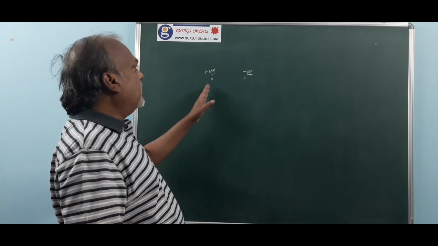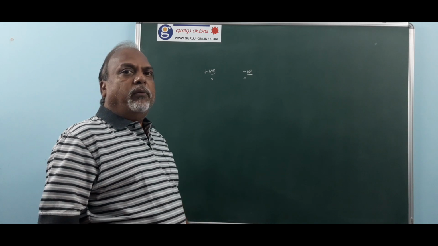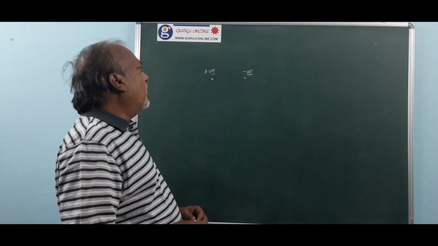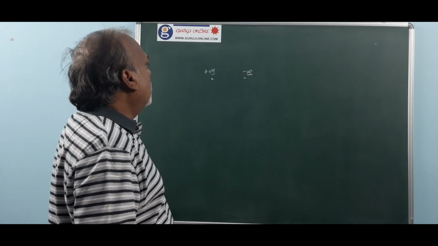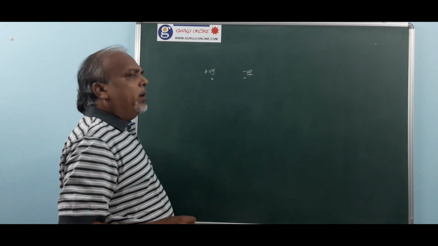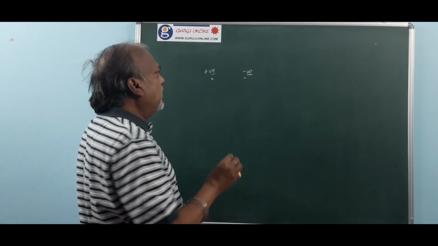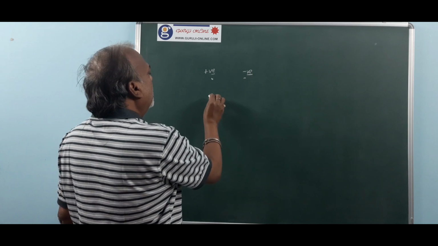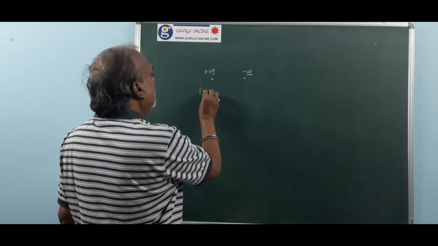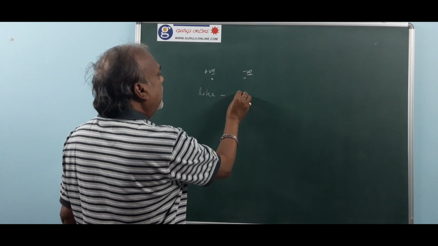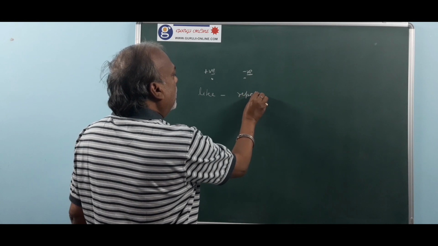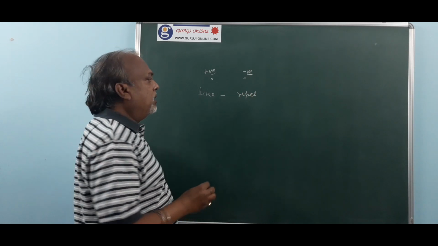We can have positive charges and negative charges, and we studied about electron and proton also. In my previous lecture, what we learned is that like charges repel, and unlike charges attract.